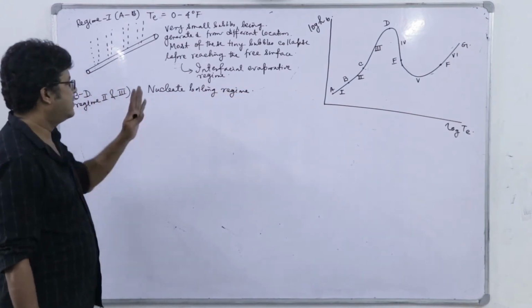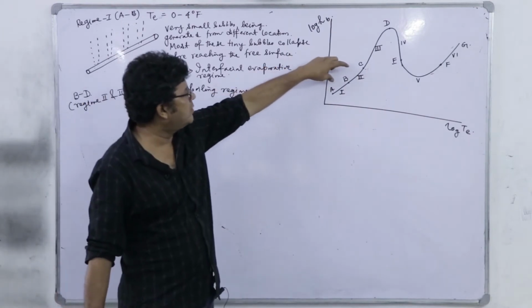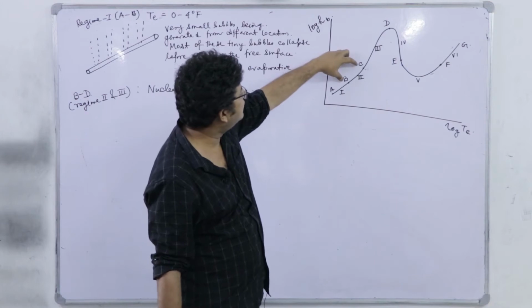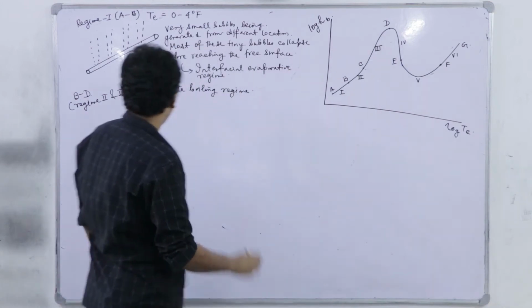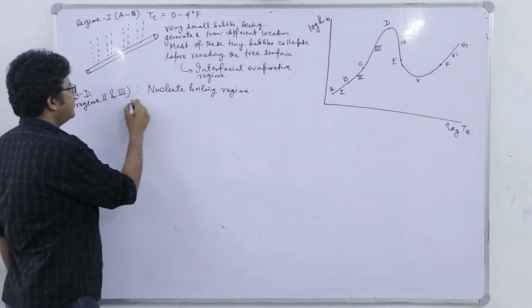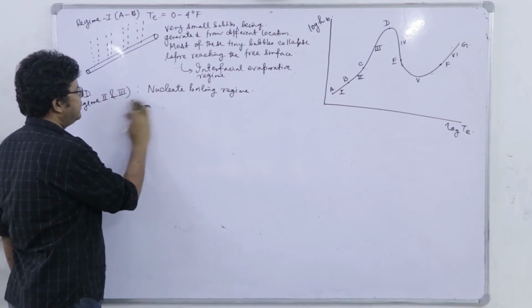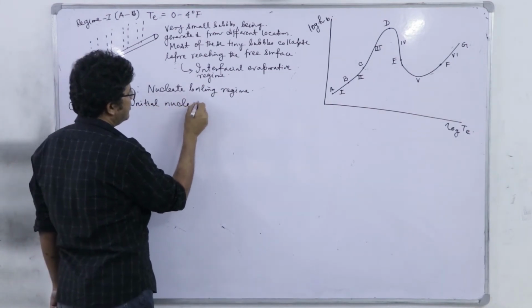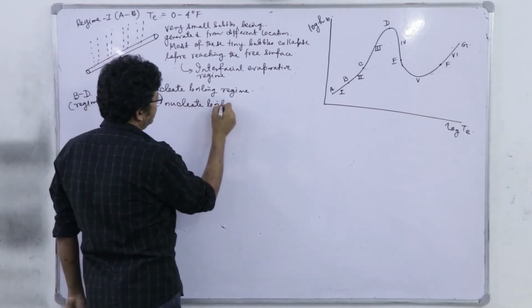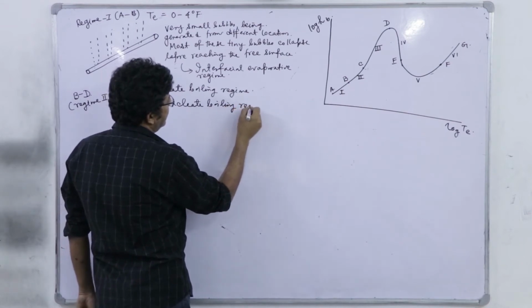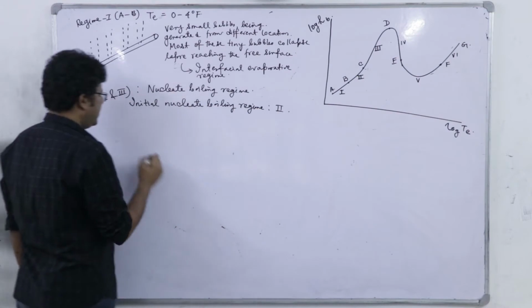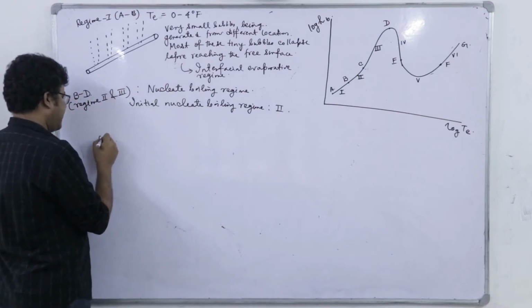And here in these two, what happens, we will separate it, this is being further divided into two regimes, 2 and 3. So primary or initial nucleate boiling regime, that is 2. Here what is the situation?